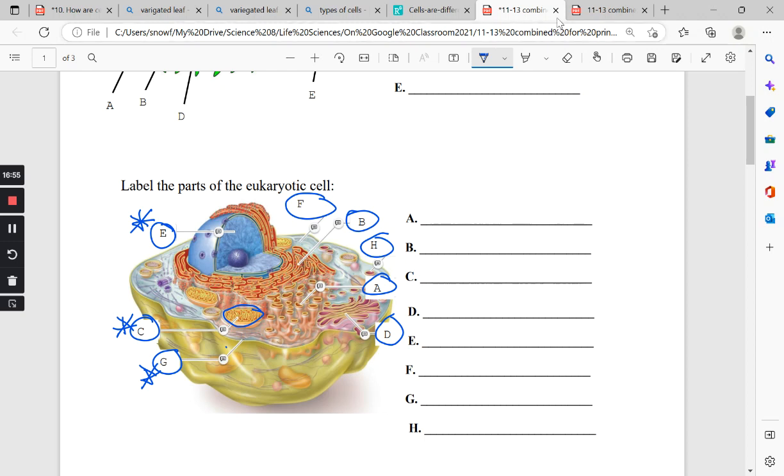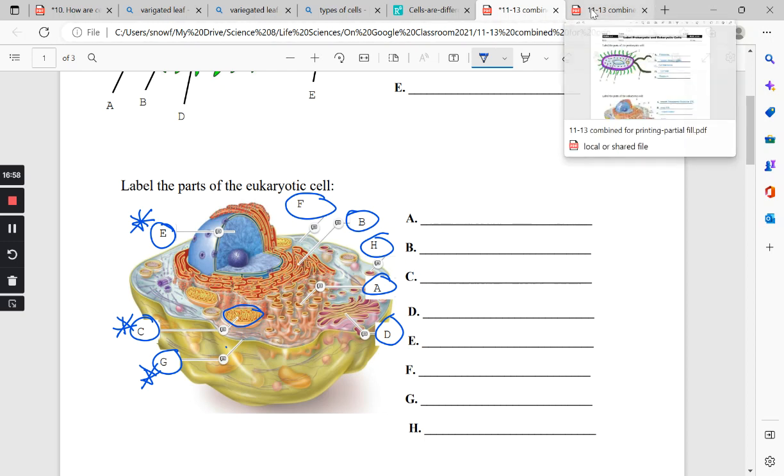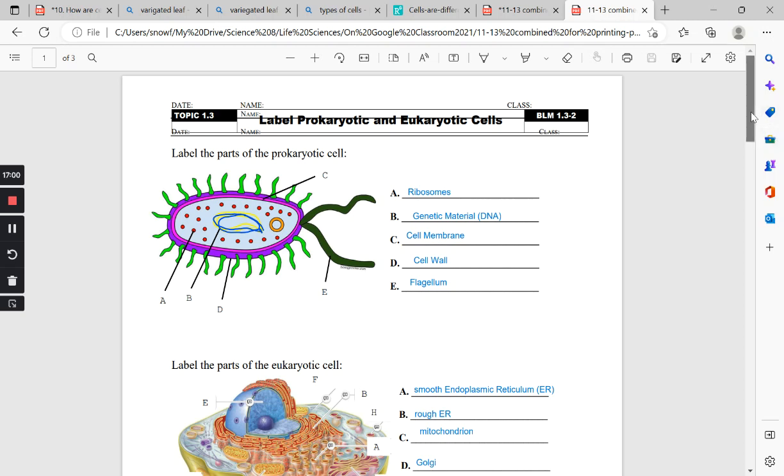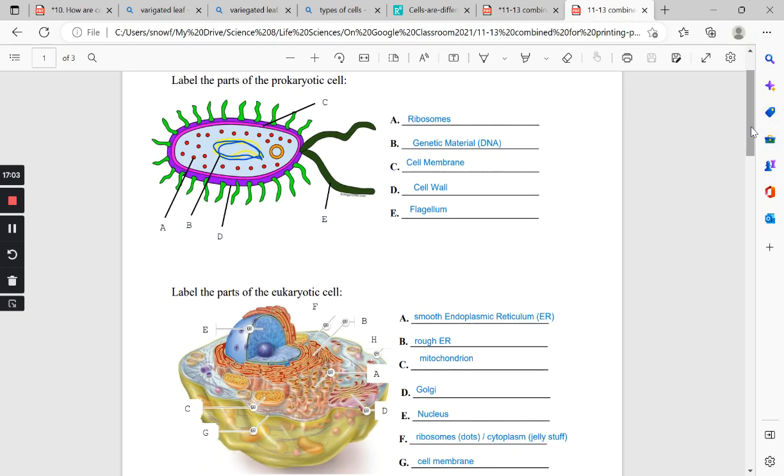All right, so now after a couple of minutes, let's check ourselves off. For the prokaryotic cell, you should have ribosomes, these little tiny dots here, genetic material, DNA, for the squiggle there, cell membrane, that's the inside layer, cell wall, for D, the outside protective covering, and E is flagellum.